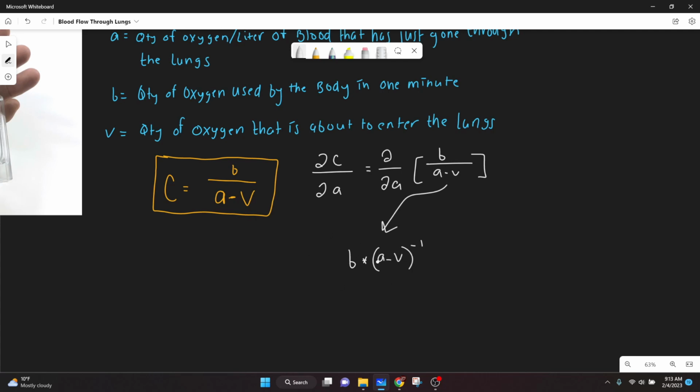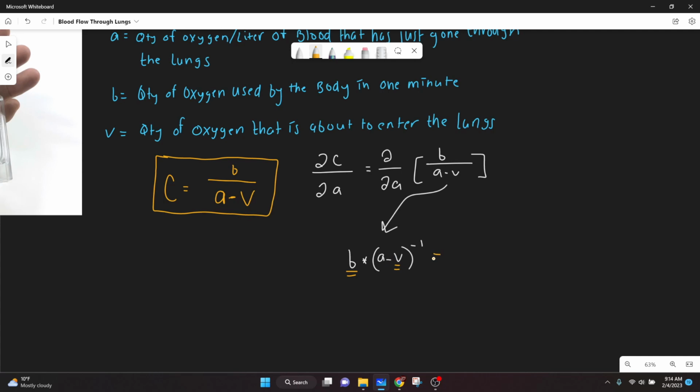From here, we can find the derivative of this expression by maintaining B and V as constants. They're not variables, just imagine a number like 5 or 10 or 1,000. Whereas A is our variable, because that's what we're looking at. We want to know how the output C changes with a change in A if we keep everything else the same. So we use our derivative properties, and it looks like we have an inner function and an outer function.